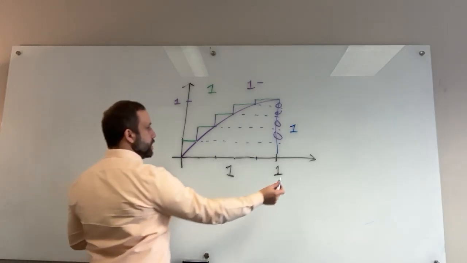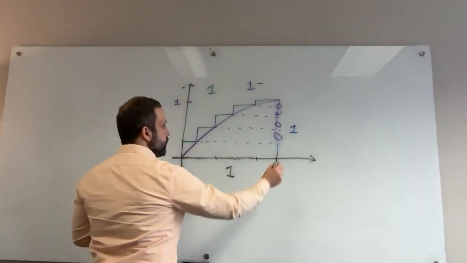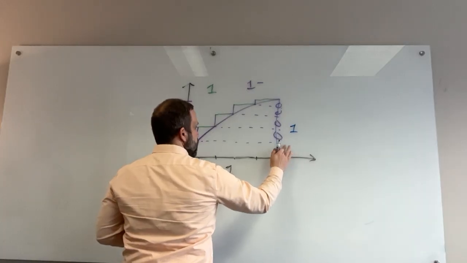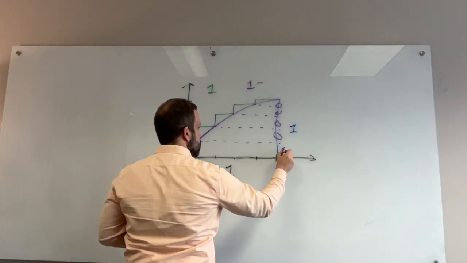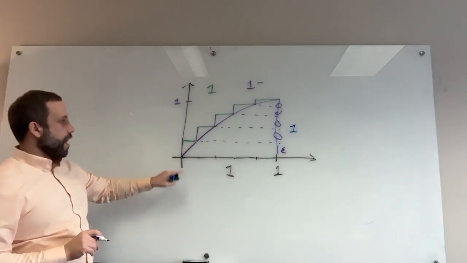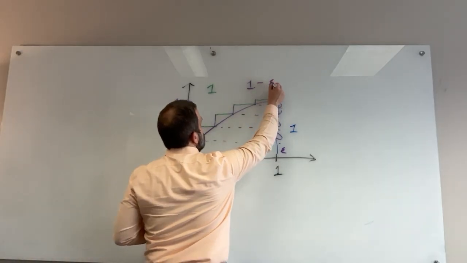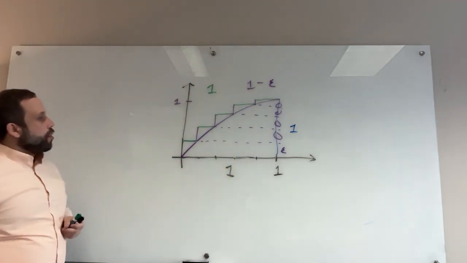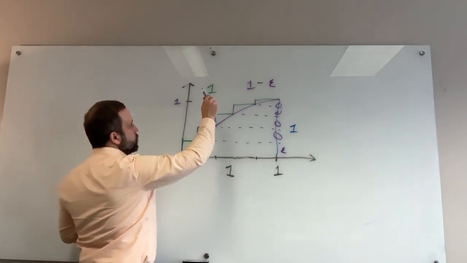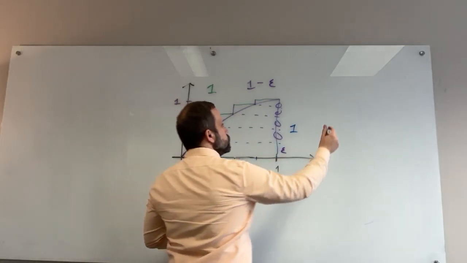As n goes to infinity, I'm going to call this distance epsilon, because as n goes to infinity, this is going to come down that way, and that's going to get smaller and smaller. So it goes to 1 minus epsilon. Overall, the perimeter of the rectangles is 1, 1, 1, 1 minus epsilon. So it's 4 minus epsilon.